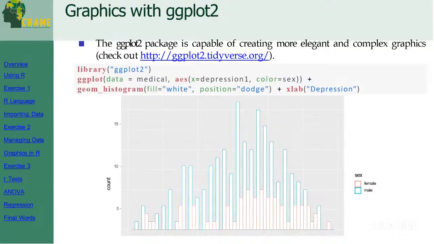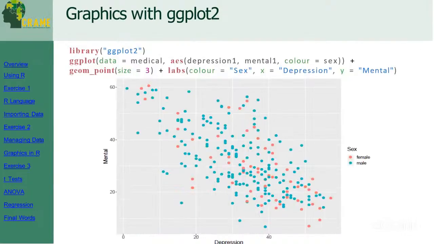Fine. Another graph can also be generated using ggplot2 with respect to depression 1 and male and female. The red one is the female and the green one is the male, right? It's another kind of graph, in terms of beautification and being more attractive. The more attractive the graph is, the more inference you can draw and more information can be gathered.